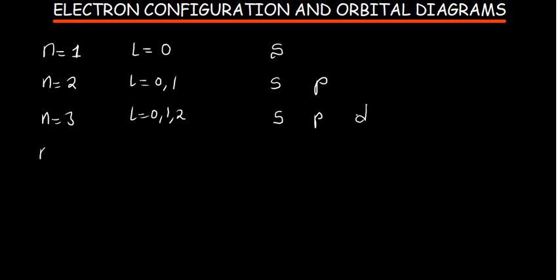And then for the fourth energy level, when n is equal to 4, the angular momentum quantum number L is going to be 0, 1, 2, and 3.